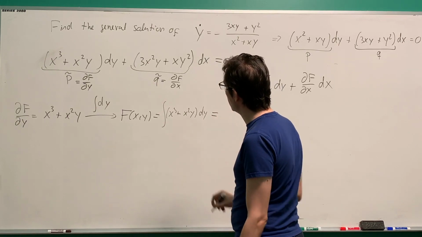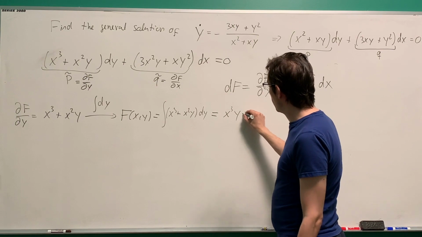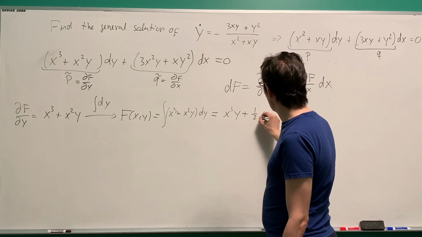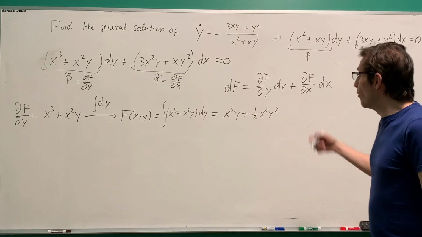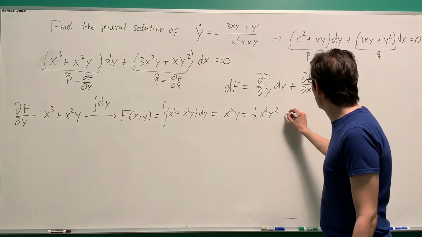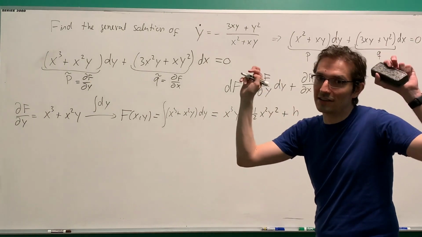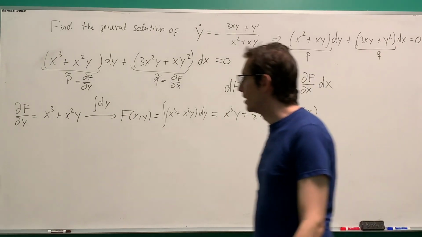And that is easy. That is x cubed y and then plus 1/2 of x squared y squared. Of course, the partial derivative with respect to y would have killed any functions of x, so we need to add an arbitrary constant that in this case would be a function of only x.